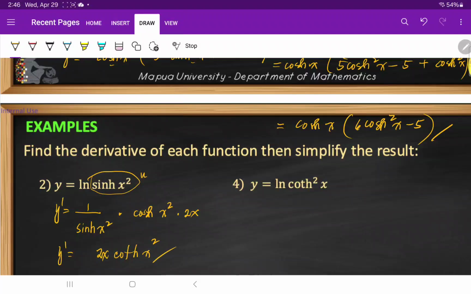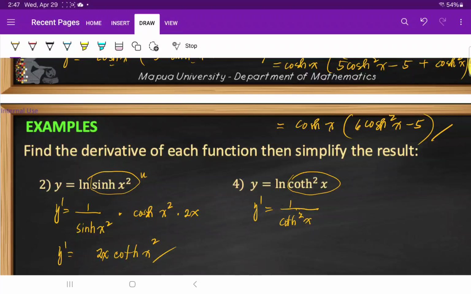Right? For this one, again we use ln of u. So 1 over u, hyperbolic cotangent square of x, times what? The derivative of hyperbolic cotangent square.